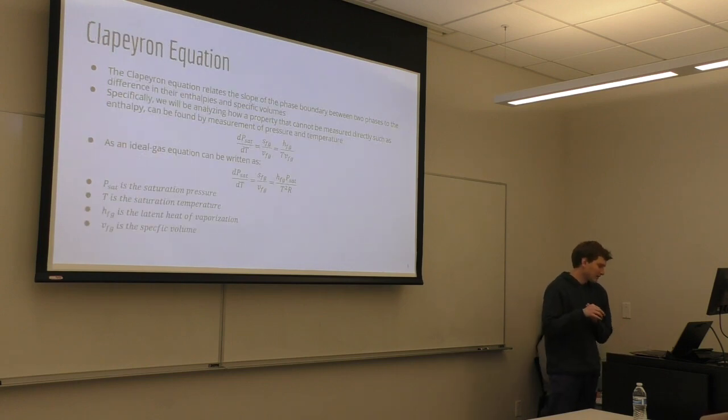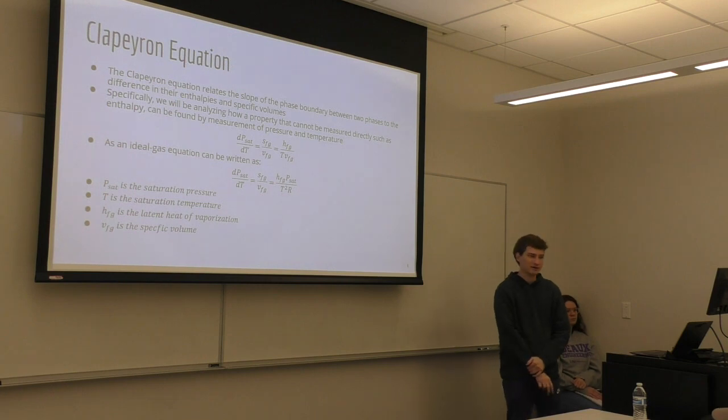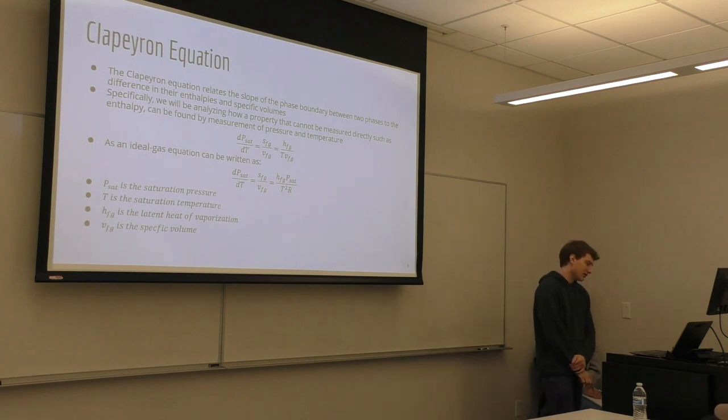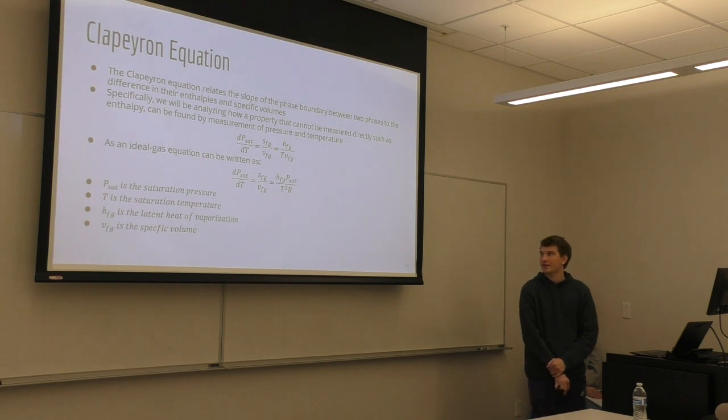So the Clapeyron equation is actually derived from the ideal gas law, which can lead to some irregularities in our data. The Clapeyron equation relates the slope of the phase boundary between two phases to the difference in the enthalpies and specific volumes.